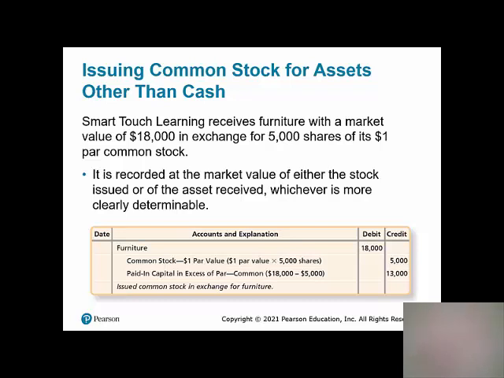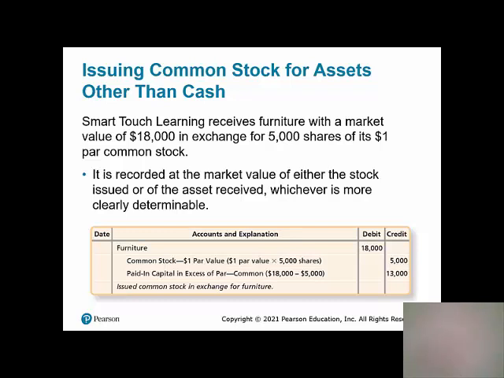We would make a journal entry where we would debit furniture for $18,000, because now that furniture belongs to the corporation and should be on the corporation's balance sheet. And then we would credit common stock if it's $1 par value, and we gave 5,000 shares in exchange for the furniture. We would credit common stock for 5,000, and then we would credit paid-in capital in excess of par common for the difference between the $18,000 market value and the $5,000 par value, or $13,000.